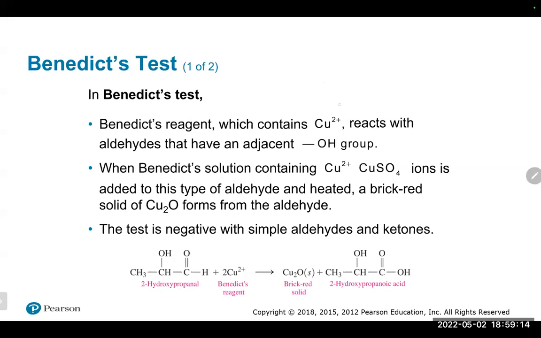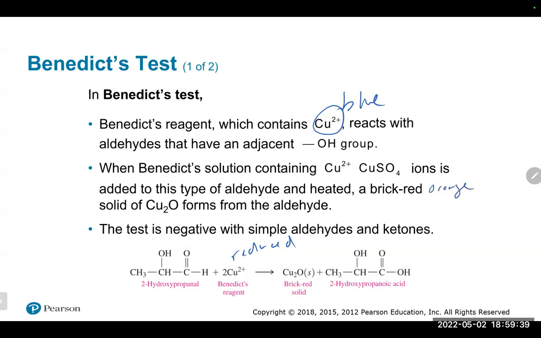You've got copper 2, which is blue. Through this process, it will be reduced to copper 1, which will be kind of an orange color, I would say. Maybe a brick red color. I'm not sure about that. Depends. But I think in our lab, it probably looks more reddish or orangey.